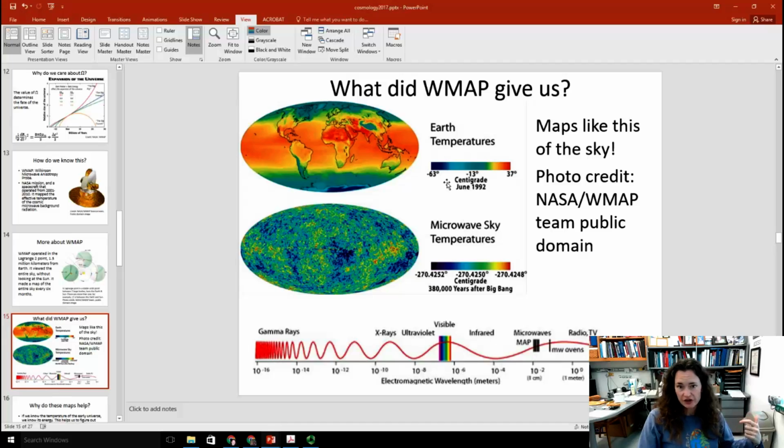So if you look at the scale here, it went from minus 63 degrees C to 37 for the surface of the Earth. Well, for the microwave sky, it goes from minus 270.4252 up to minus 270.4248. So it doesn't fluctuate much, okay? But you can see that there is a fluctuation, and it gives you these temperature probes.